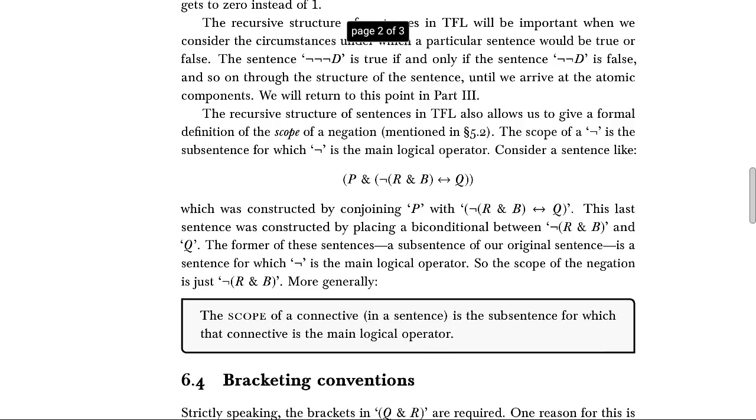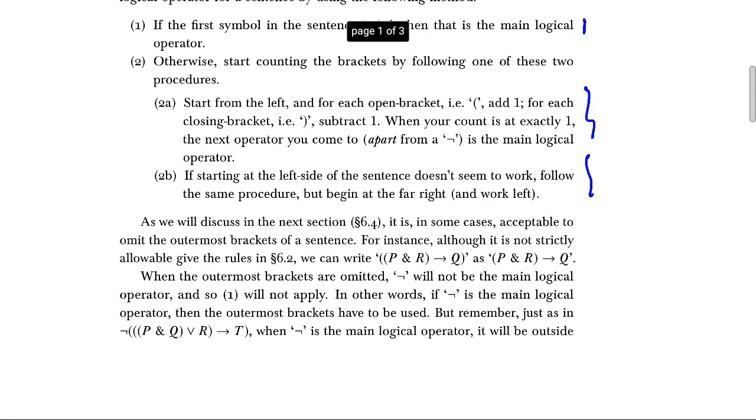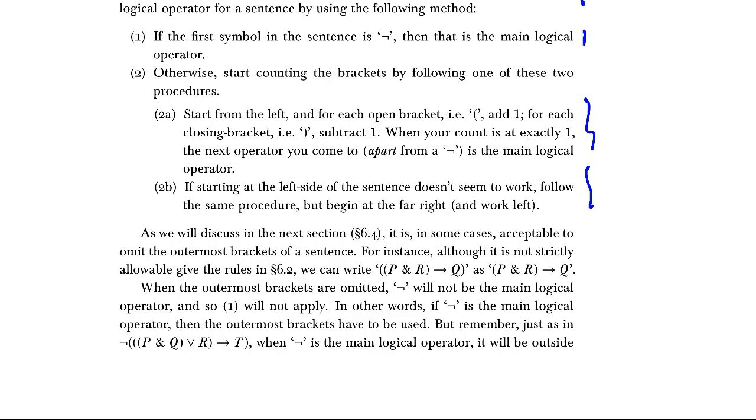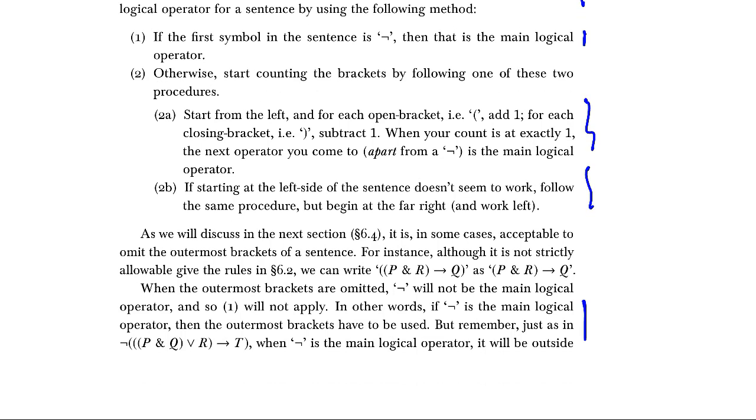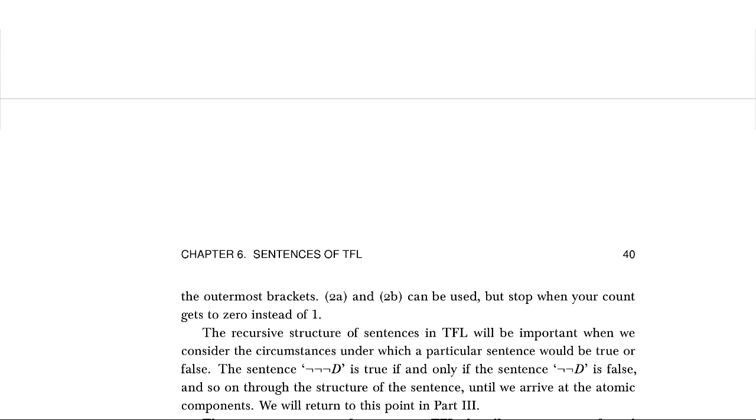But when that's the case, when those outermost brackets have been dropped, then we change our method a little bit. So number one won't apply, because if the not is the main logical operator, then the outermost brackets have to be used. So they will be there if the not is the main logical operator. Otherwise, you can still do that counting method, but stop when you get to 0 instead of 1.